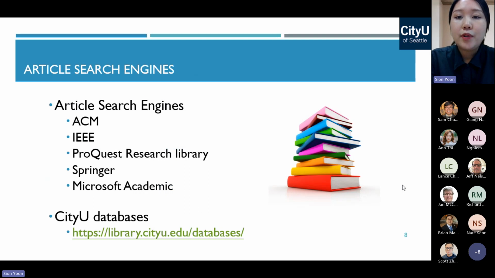And I encourage you to read peer-reviewed papers through article search engines such as ACM and IEEE databases. There are also a lot of articles you can see through the CityU library as well as Google Scholar to get some ideas and search for problems that interest you to solve. And note that many of these researches have taken months or even years to complete, and knowing that this is just a 10-week course, a groundbreaking and intensive research result is not expected.